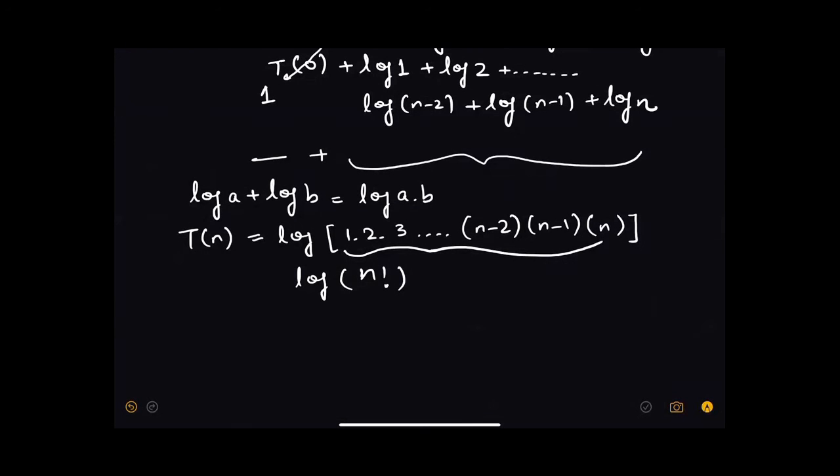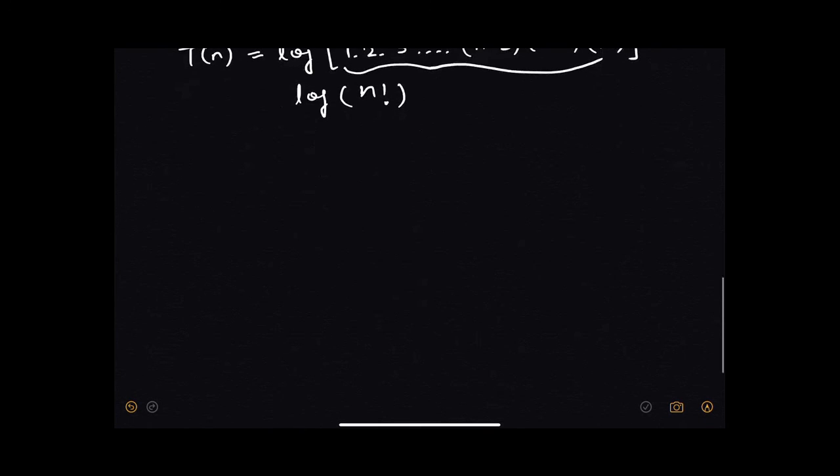n factorial is not a time complexity, right? So if I expand this n factorial, how does this become? See, this is n, which is approximately equal to n. Then there is n-1, which I can say is also approximately equal to n. Then I'm having n-2, which is approximately equal to n.